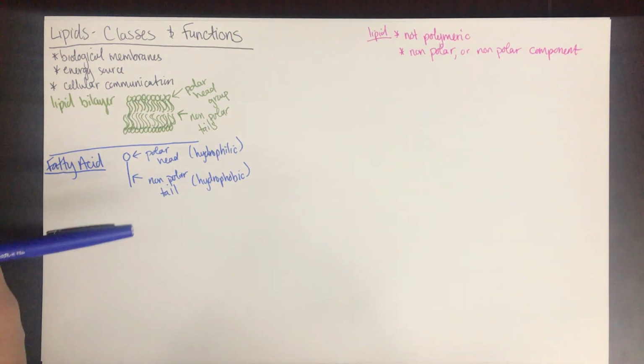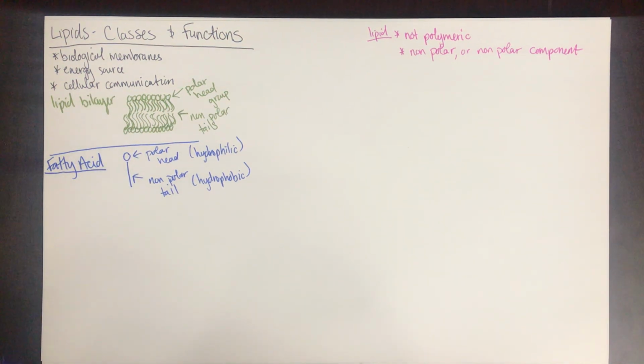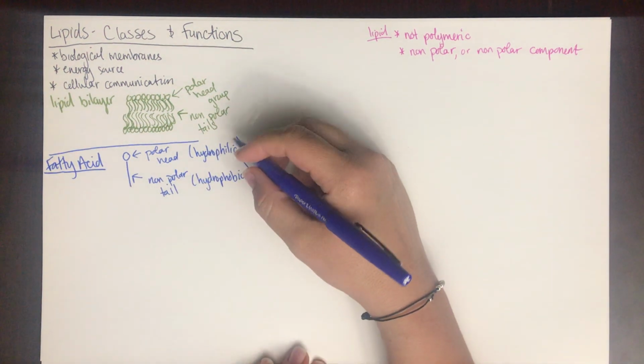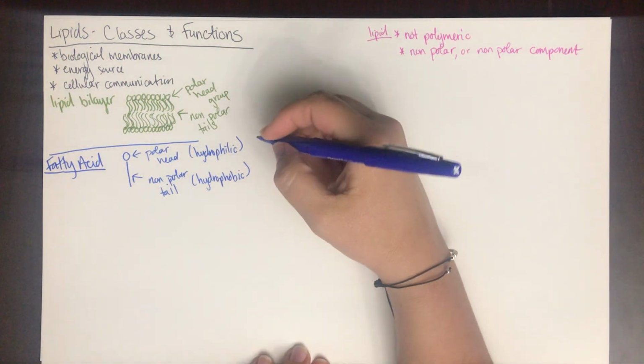Fatty acid synthesis adds carbon units in groups of 2. So these naturally occurring fatty acids are all going to have an even number of carbons because they are put together in groups of 2. So at the end here, this hydrophilic polar head group is made up of a carboxyl group.